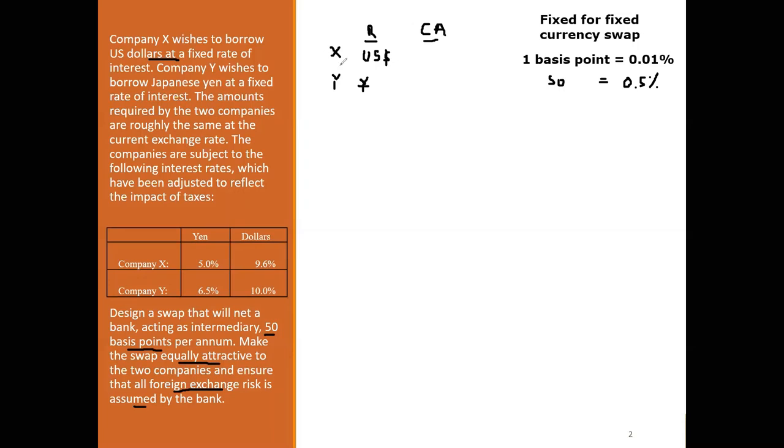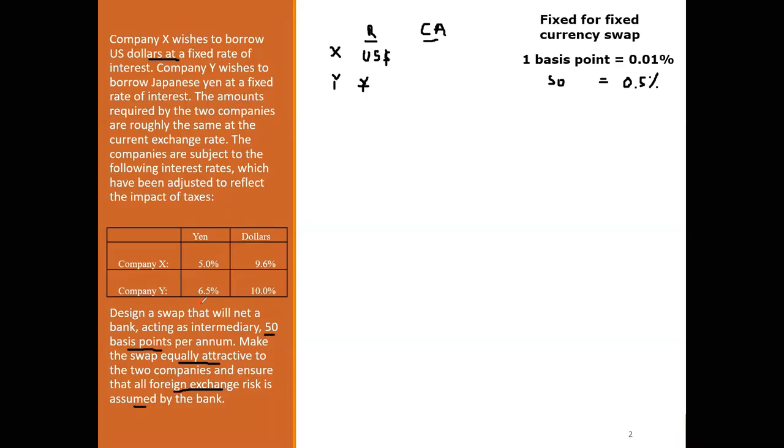So in which market X has a comparative advantage, and in which market Y has a comparative advantage. So if you look at the difference between the interest rates that are given in the yen market for X and Y, and in the dollar market for X and Y.